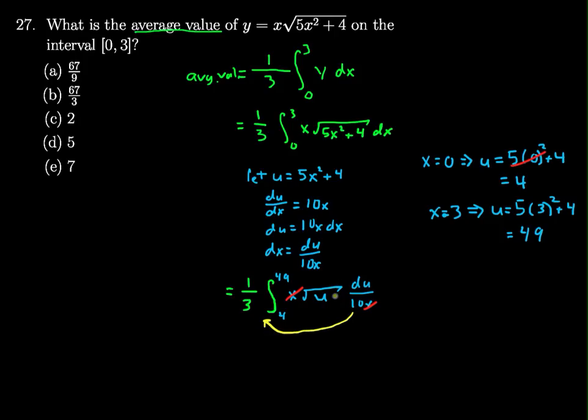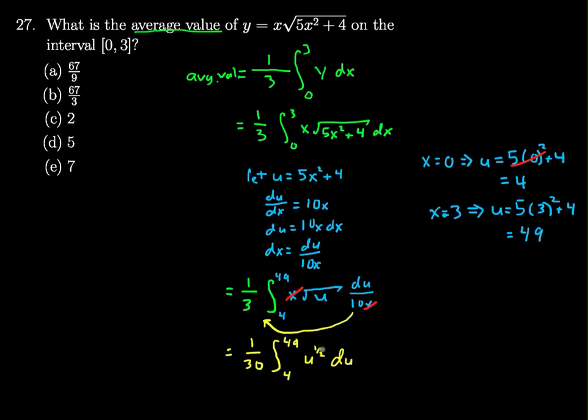And I'll rewrite the square root of u as u to the 1/2. So this gets me to 1 over 3 times 10 is 30, multiplied by the integral from 4 to 49, it's getting pretty ugly, of u to the 1/2 du. And now that's really pretty easy.